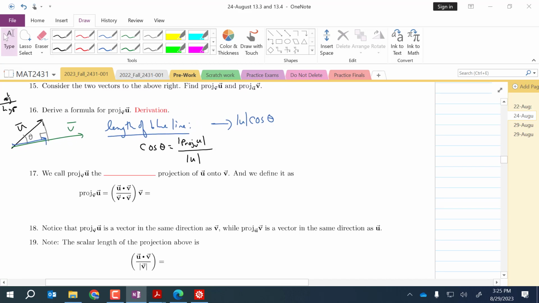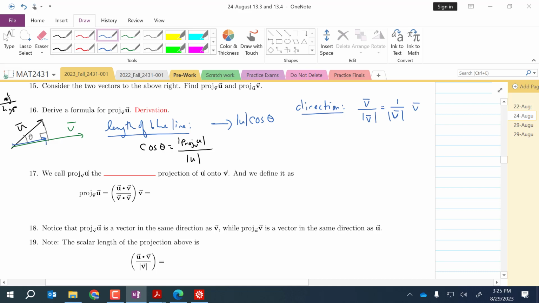The direction of the blue arrow is just vector v divided by the magnitude of vector v, or 1 over the magnitude of v times vector v. That's the unit vector, the direction we're pointing in.